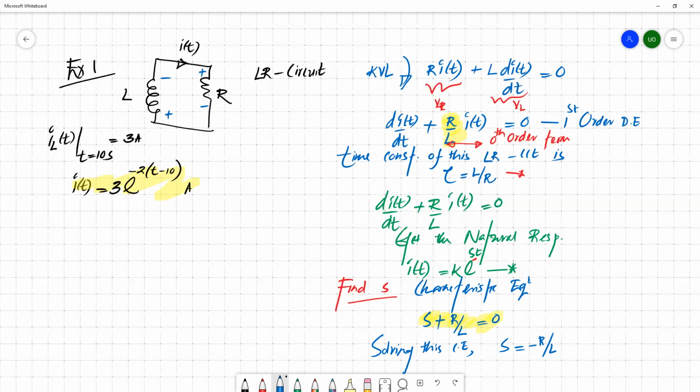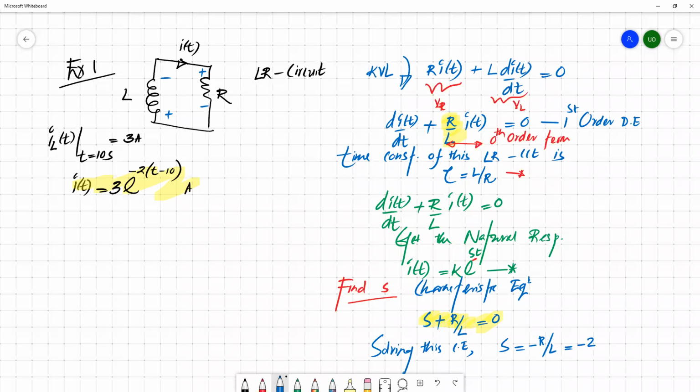Okay. So for this particular circuit, it's explained that your R is 2 ohm and inductance L is 1 Henry. So then s is actually minus 2. So hope it's clear.